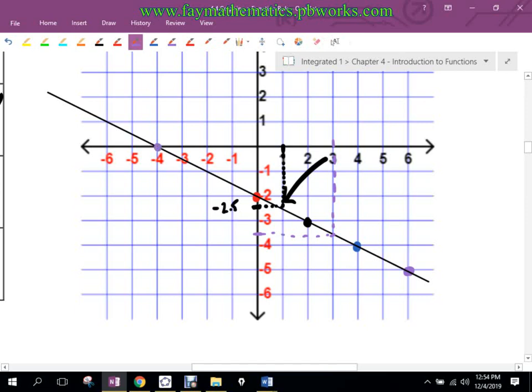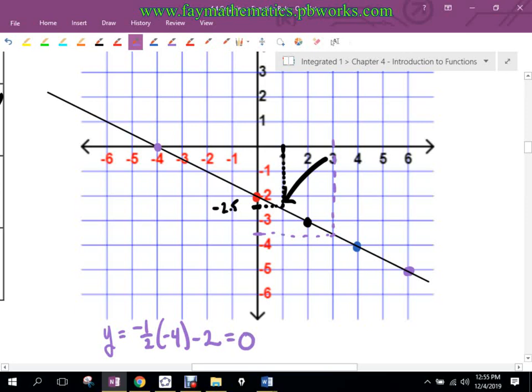It's 0, isn't it? Think about this. y equals -1/2 times -4 minus 2. What's -1/2 times -4? A negative times a negative is positive, so +2. What's +2 minus 2? 0. Isn't that the y value that we're seeing right here when x is -4? The y value is 0.